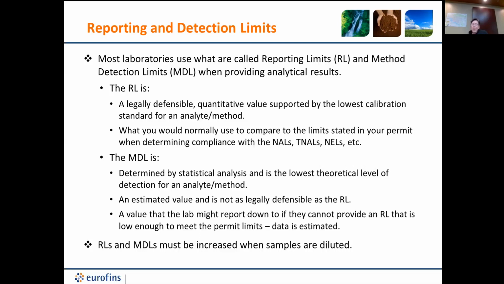The MDL, again, is a statistical value that's generated for an analyte and a method. It's an estimated value, so it doesn't have as much defensibility from a legal standpoint as the reporting limit does. So again, keep in mind it's a value the lab may have to report down to if they cannot provide an RL that is low enough to meet the permit limits.